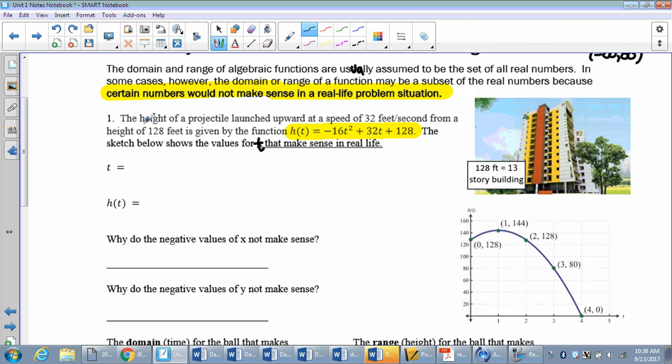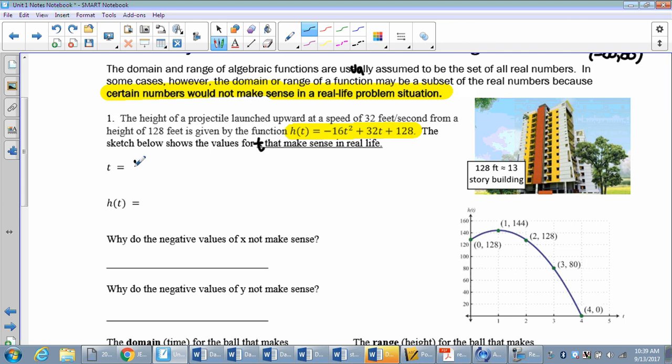So I see height, and then I see this label feet per second. So feet is how height is being measured, and I've got time in seconds. Where do you think seconds is going to go, and where do you think feet is going to go for the variables? I'm hoping that we do one of two things. Either remember from science that time is almost always our independent variable.